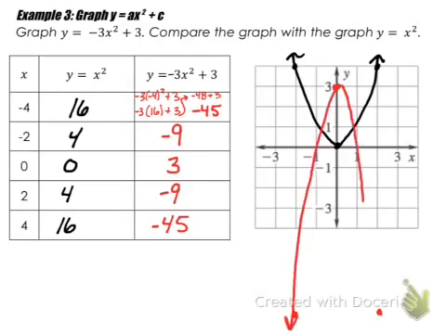So there's my curve, and if you look at it, notice how the graph is upside down. It looks a lot skinnier, which is narrower, and it also looks like the vertex has shifted up 3 units. So visually we can see that it's skinnier, that it's up 3 units, and that it's reflected about the x-axis.